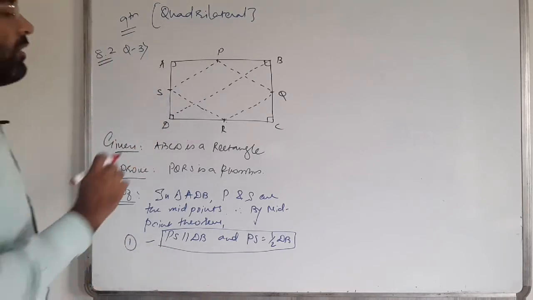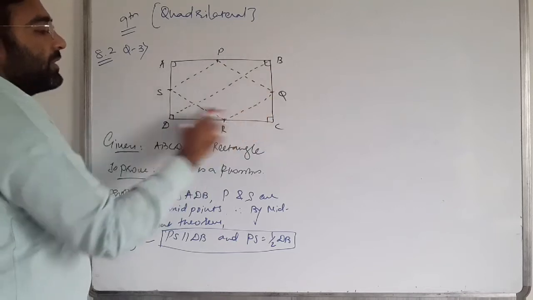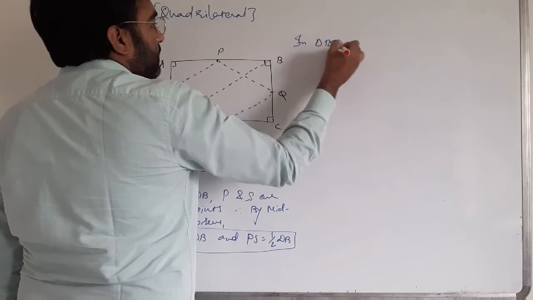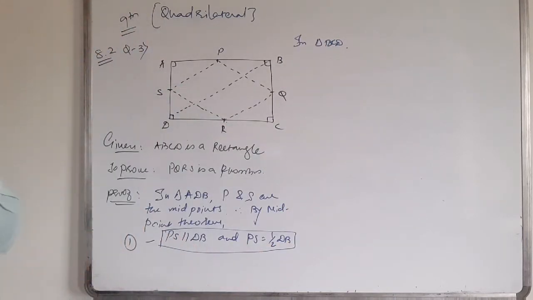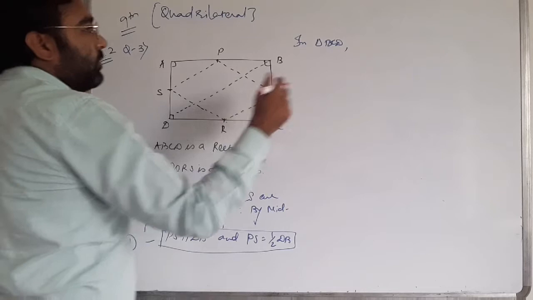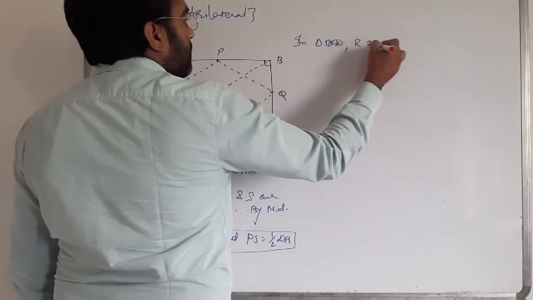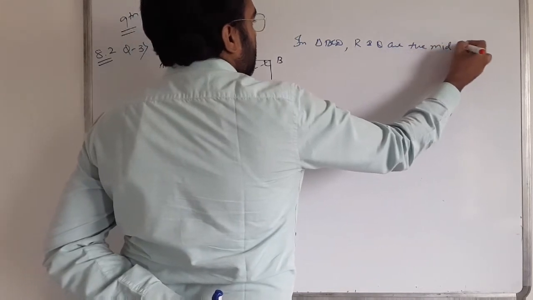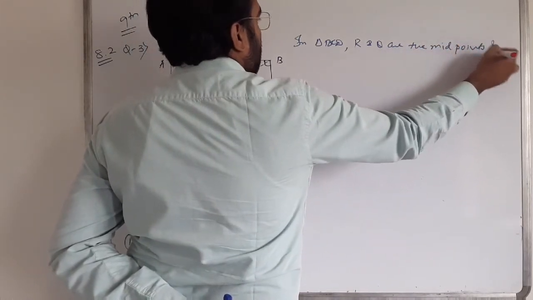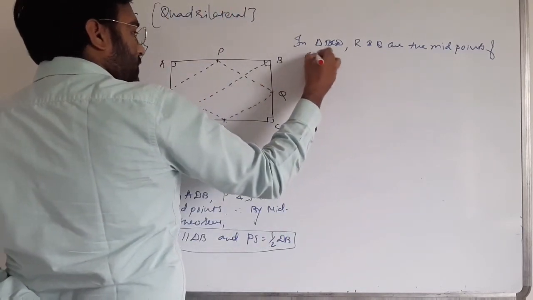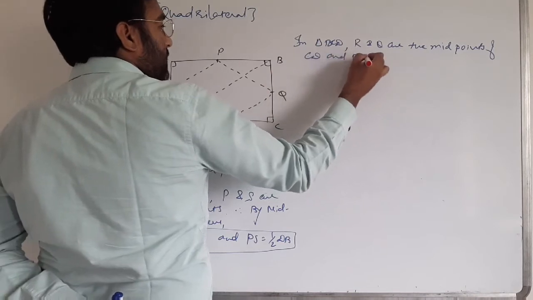Now we are moving to triangle BCD. In triangle BCD, R and Q are the midpoints of CD and BC.